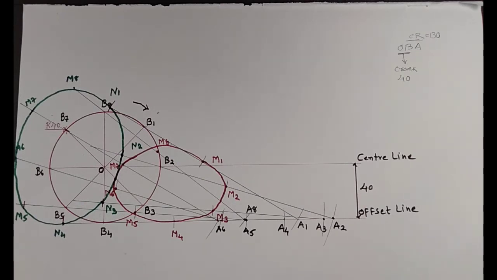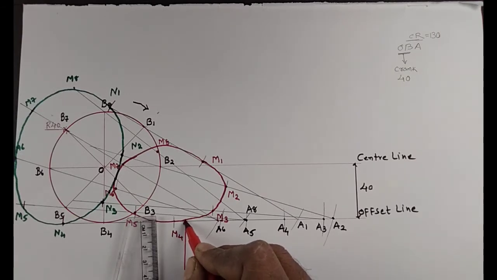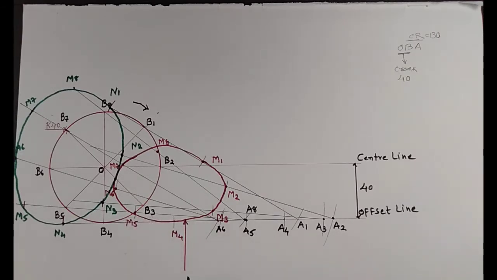So now you understand, if you take a point on the connecting rod, the locus of the point is just elliptical.